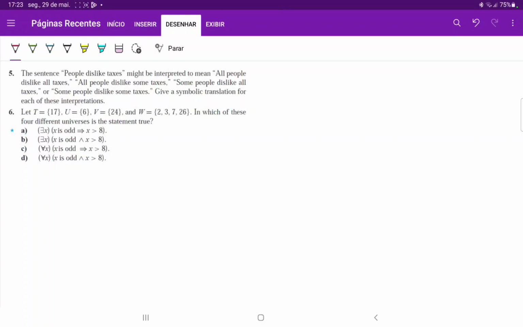So let's just remember the translation, right? When we have "all P of x are Q of x," we usually put this as: for all x, if P of x, then Q of x. We're saying it's a conditional, that if P, then Q, and that is true for all cases.